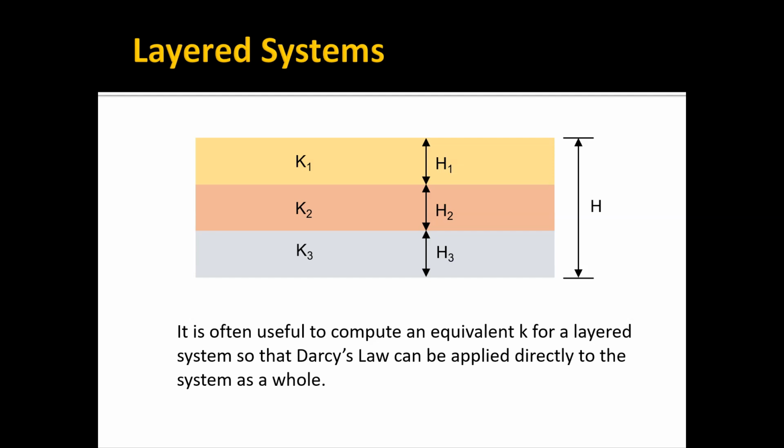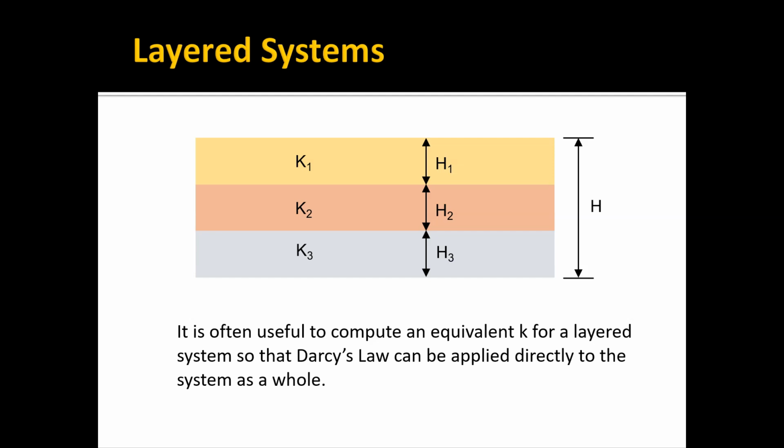In reality, if the hydraulic conductivities are different, the water is going to naturally partition itself to where it flows. Most of the water will flow through the layer with the largest hydraulic conductivity and with the largest thickness. Both the thickness and hydraulic conductivity together form what we call transmissivity, which we'll talk about in a later lecture.